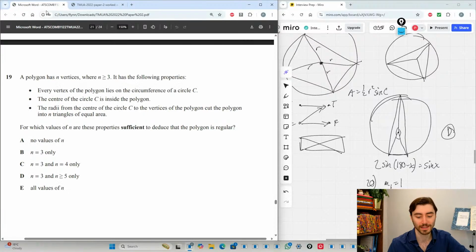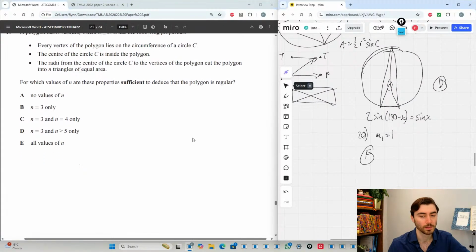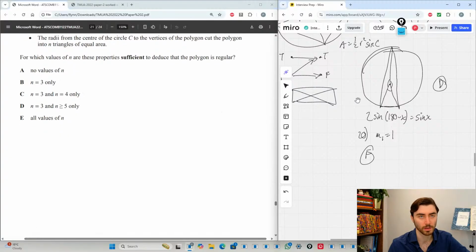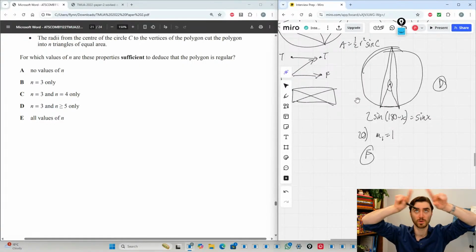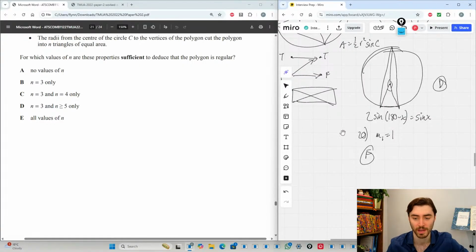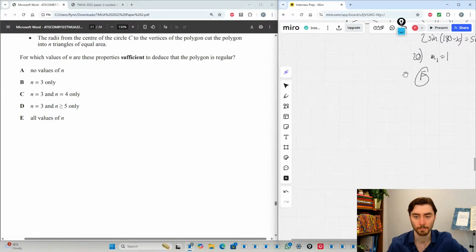I suppose what I could have done instead is to just argue. Well, I suppose for it to not be what you would expect for a large n is for all of them to be obtuse. So could I just arbitrarily make one of them acute and see what happens? So for instance, could I do something like this?